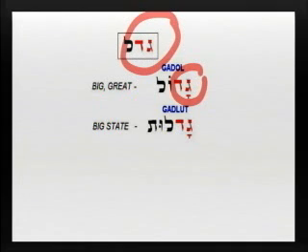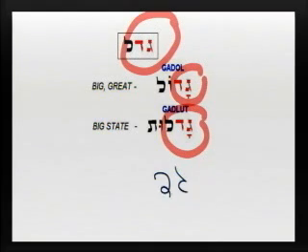Correct. And now I will write something in cursive. I will write Gadol. Beautiful. Gadol. I hope everything is written down.